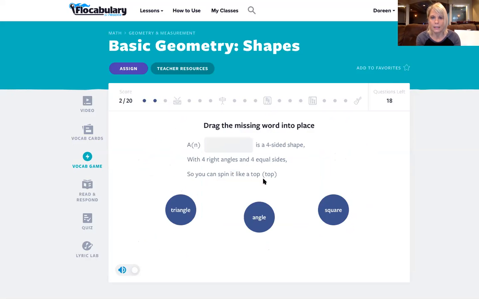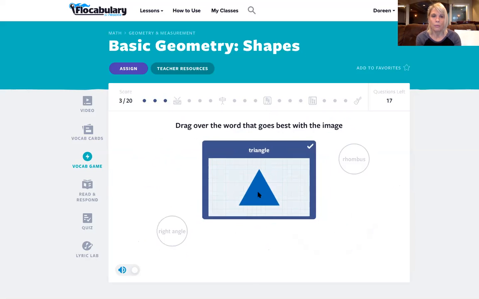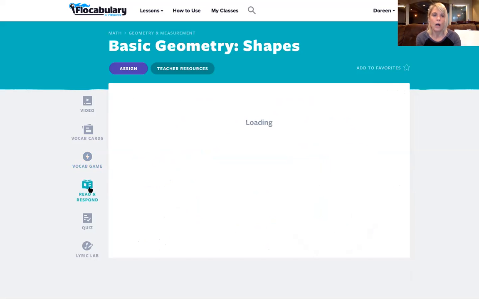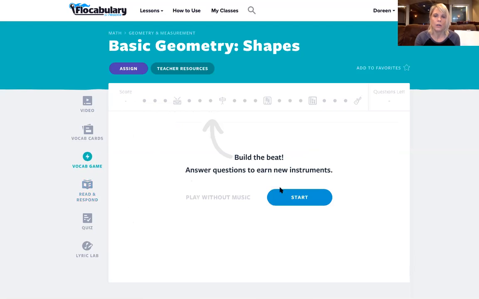Say I got something wrong. If I said this, it'll tell me right away it's wrong, and then it'll tell me what should be there. But it won't let you correct it. It'll just mark it wrong, and you just keep going through. All of these will always go with the vocabulary cards.